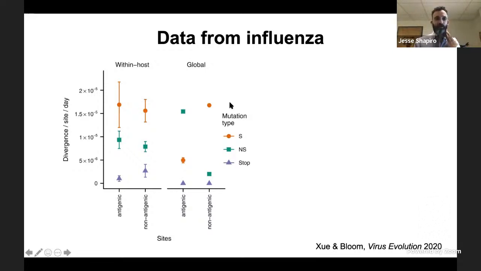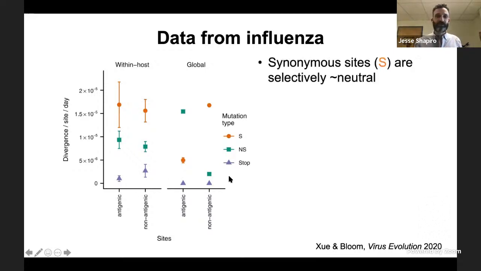And so they break down the evolutionary rate according to the mutation type: either synonymous, non-synonymous, or stop codons. Non-synonymous mutations change the protein sequence, synonymous do not. And of course, stop codons are very damaging, right? They stop the protein entirely. And as you can see in blue triangles, they're in general pretty rare because they're deleterious.